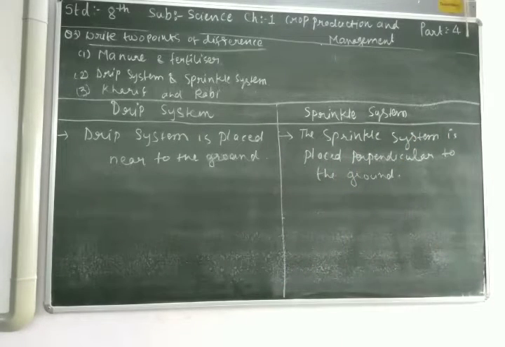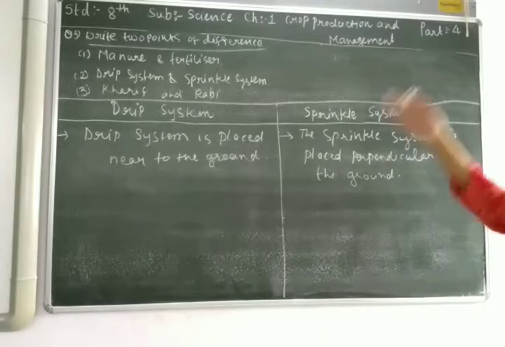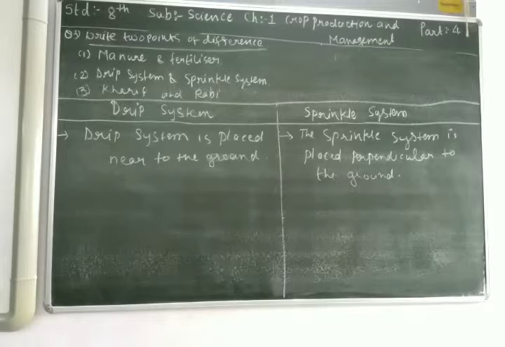Okay, in drip system we have seen that it's placed near to the ground. It's nothing but horizontal, and in sprinkler system it's perpendicular. It means vertical to the ground.